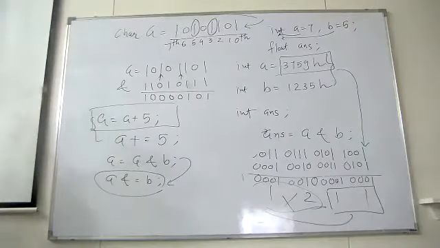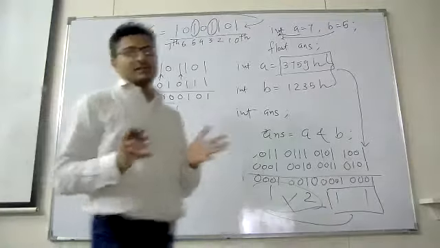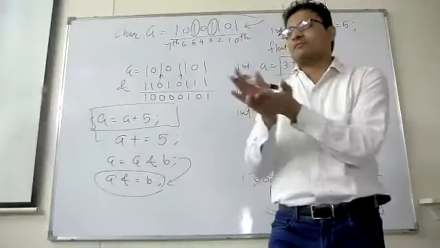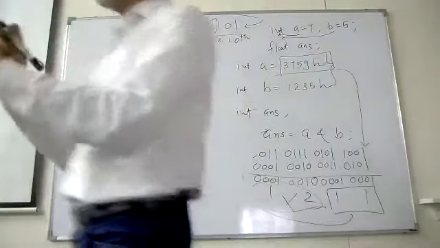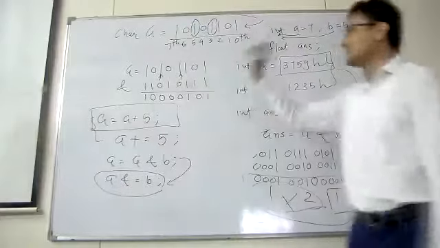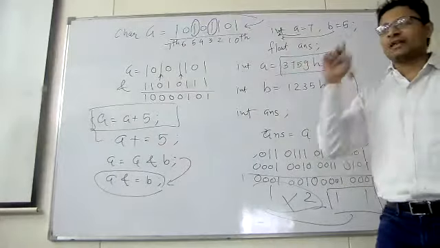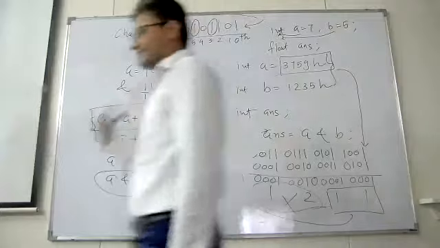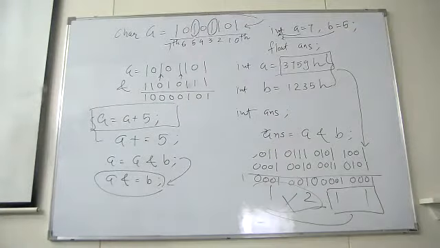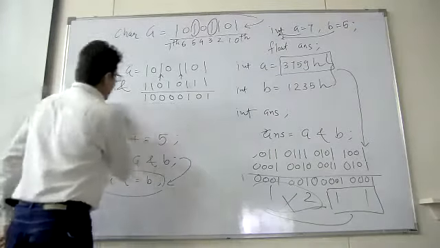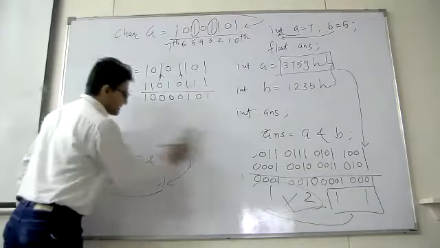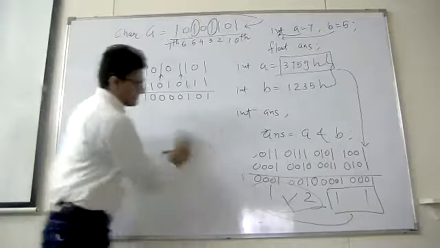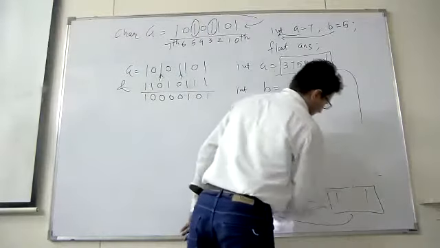This is called the masking operation, using AND. That is the actual use of the AND operation: it is generally used to reset, to clear a particular bit position without affecting the remaining bits. Okay.